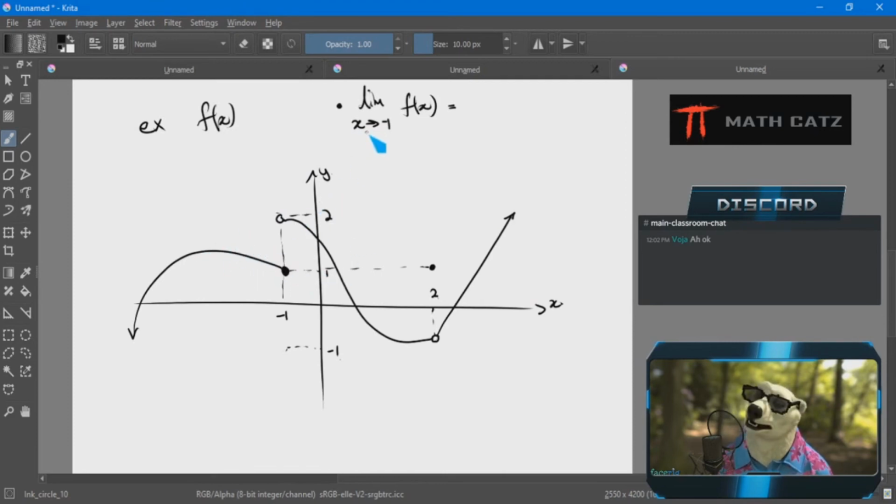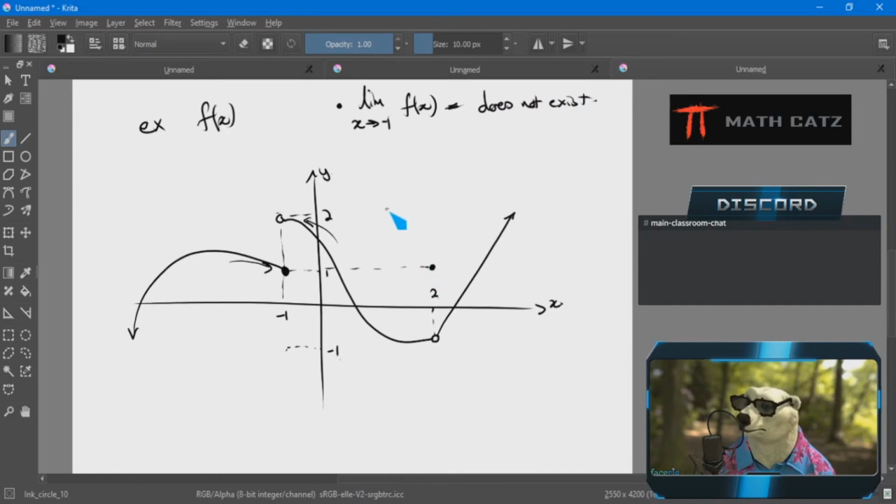It's all about how the pieces connect. I look at the x value in question, and it's a connection between the two pieces. It's right there. If I come at it from the left, it wants to go to a y value of -1. If I come at it from the right, it's going to y equal to 2. They don't agree, so it does not exist.